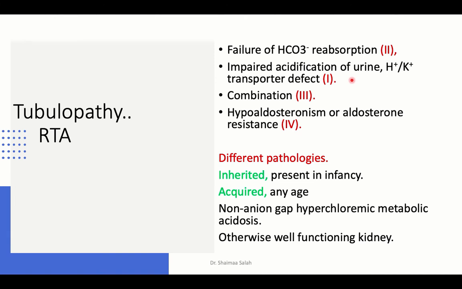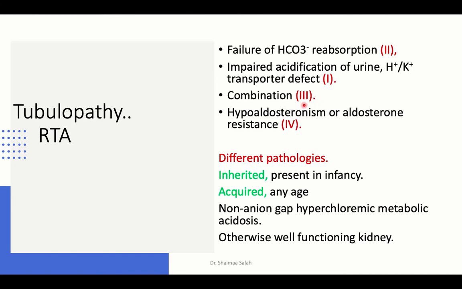Both distal and proximal RTA are associated with hyperchloremic normal anion gap metabolic acidosis, but logically type 2 is more severe because the defect is in the proximal tubule, and so will require a higher amount of bicarb replacement. Both are associated with polyuria, dehydration, growth failure and so on, so we need to differentiate between both.